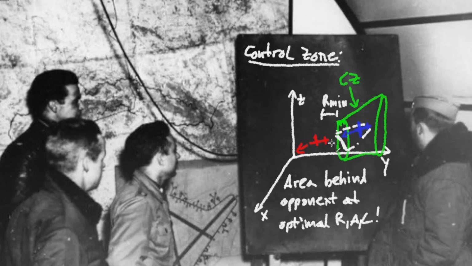Now if you look at the diagram, you can see this is our opponent, we are the blue guy, and we would ideally like to be in this green area, because that's our control zone. That means we are not too close to the opponent, so I call this minimum distance that you should keep from your opponent R-min. And we are within a certain angle. Let's make an example, maybe 30 degrees left, 30 degrees right, which is supposed to be indicated by this.